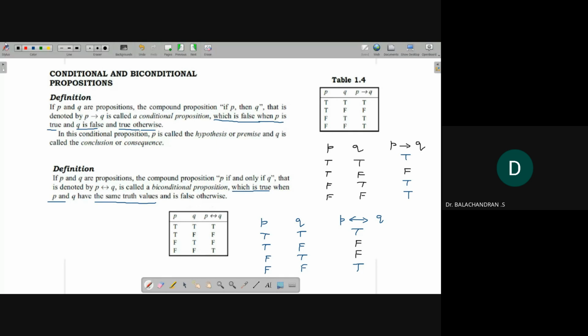I'll explain quickly. First write P implies Q, and then Q implies P. Okay, I don't have enough space, so maybe I'll write in the next slide.